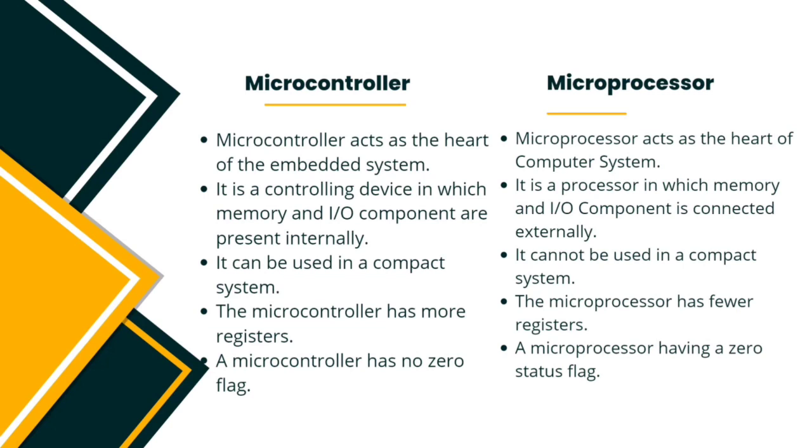In a microprocessor, memory and IO components are connected externally. A microprocessor cannot be used in a compact system and a microcontroller can be used in a compact system. The microcontroller has more registers while the microprocessor has fewer registers. The microcontroller has a zero flag and the microprocessor has a zero status flag.